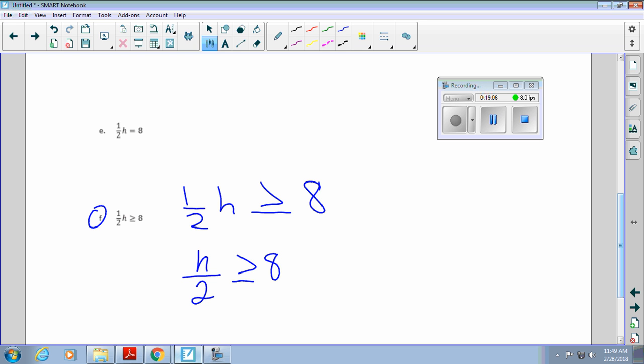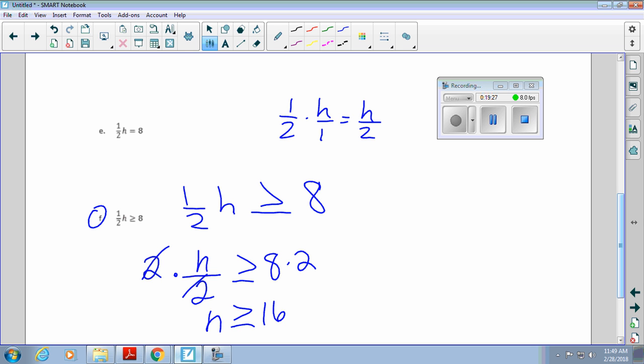Essentially what we've done is we've said 1/2 times h gives you h over 2. That's why that works. Now we would do our steps to get the h by itself, which we would multiply by 2 in each case. We would get h is greater than or equal to 16.